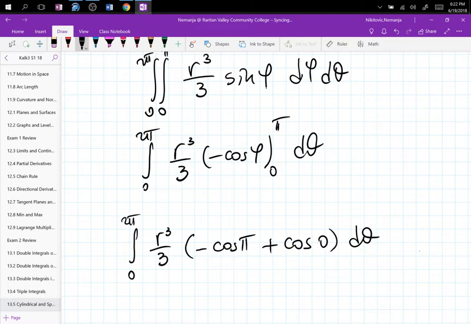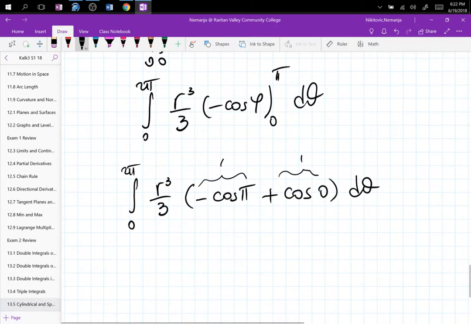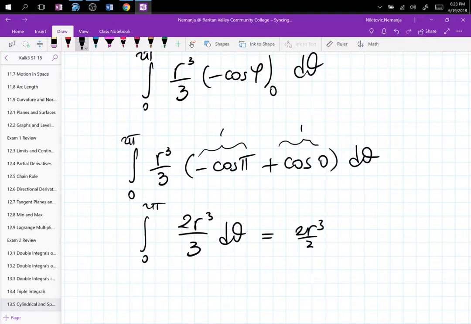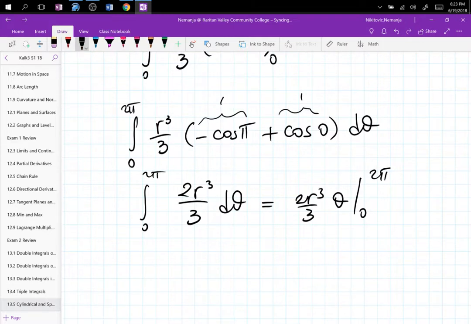So negative cosine of pi is negative negative 1, which is 1, and this other term is 1. So we have 2. 0 to 2 pi, 2r cubed over 3 d theta, which is 2r cubed over 3 theta from 0 to 2 pi. When you plug in 2 pi, 2 times 2 is 4, and there it is, 4 pi over 3 r cubed. Of course, it's math.